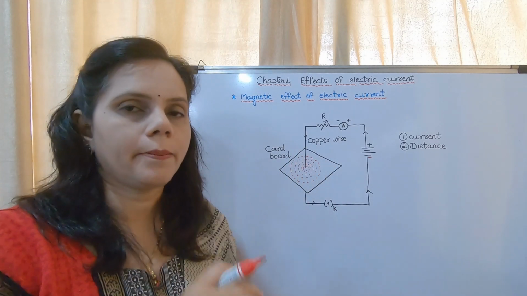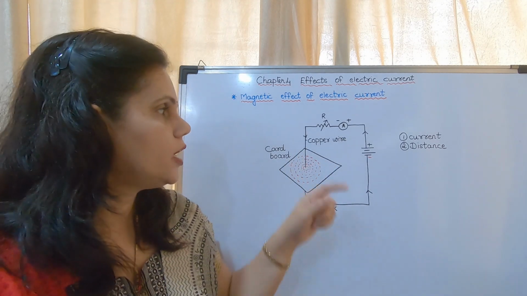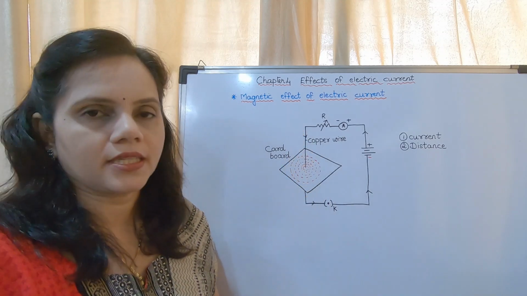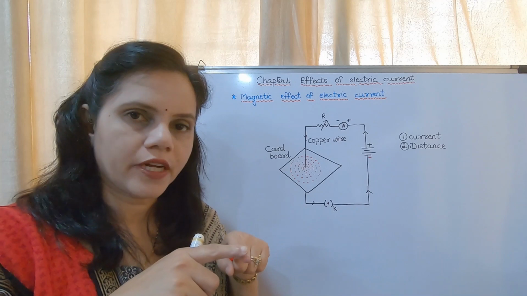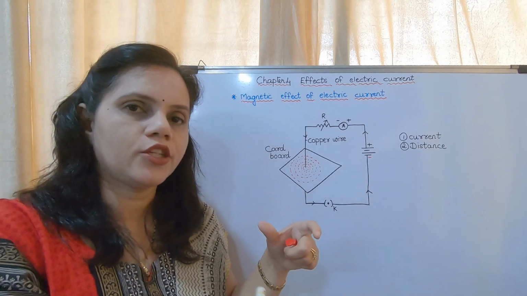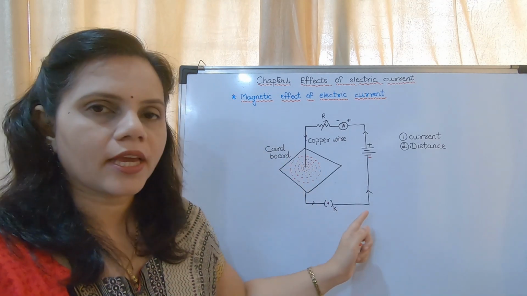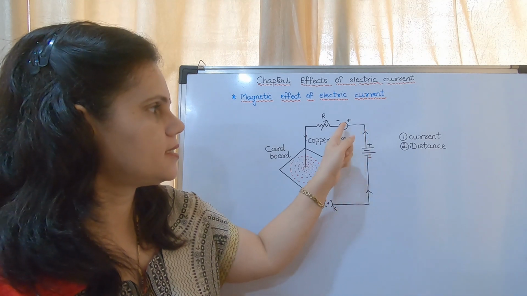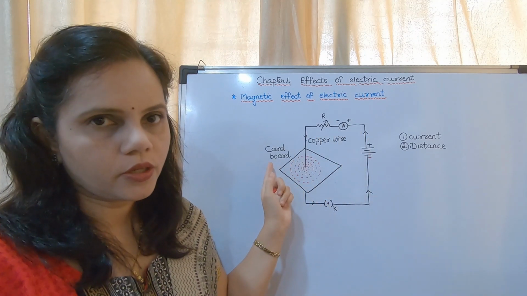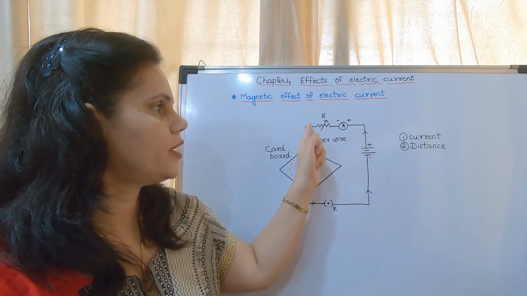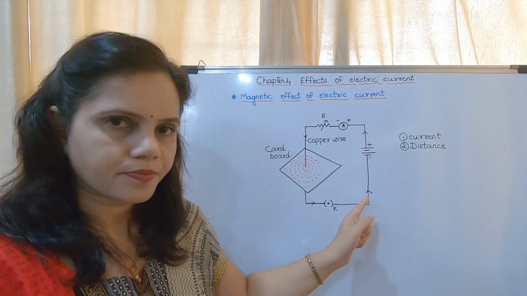There is a hole made in the middle of the cardboard and the wire is made to pass through it. That means this is the copper wire which is passing through this cardboard, and the current is flowing in this direction.